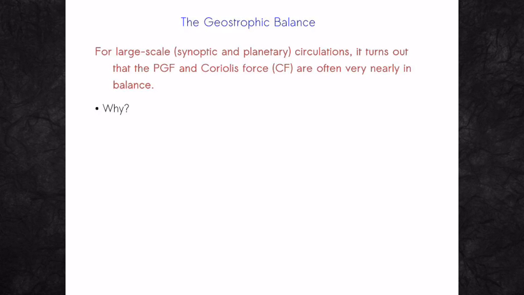For instance, the way the pressure gradient force and the Coriolis force interact in a small-scale turbulent eddy is very different from the way they interact in a large-scale planetary circulation.